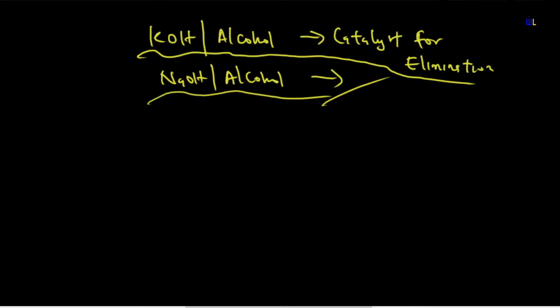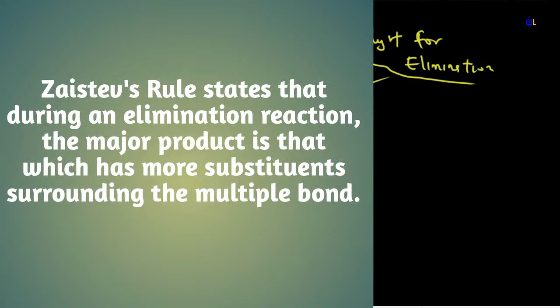Now, what is Zaitsev's rule? Zaitsev's rule simply states that during an elimination reaction, the major product is that product which has more substituents surrounding the multiple bond. I take it again. Zaitsev's rule states that during an elimination reaction, the major product is that which has more substituents surrounding the multiple bond.